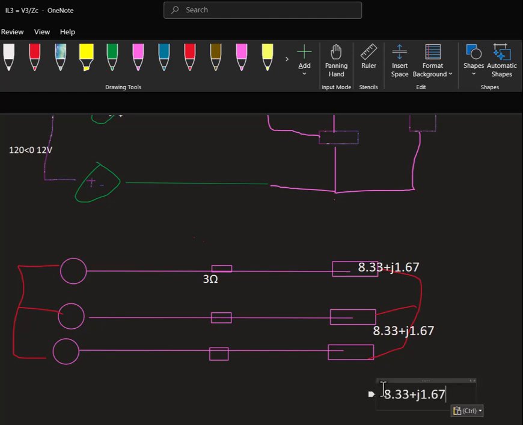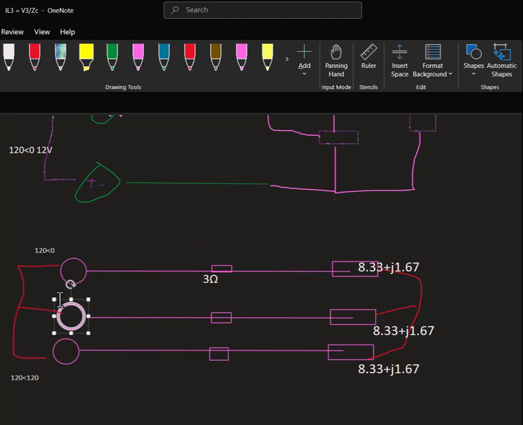And then our voltages were 120 angle 0, 120 angle minus 120, and 120 angle plus 120. Now we can find the line currents.